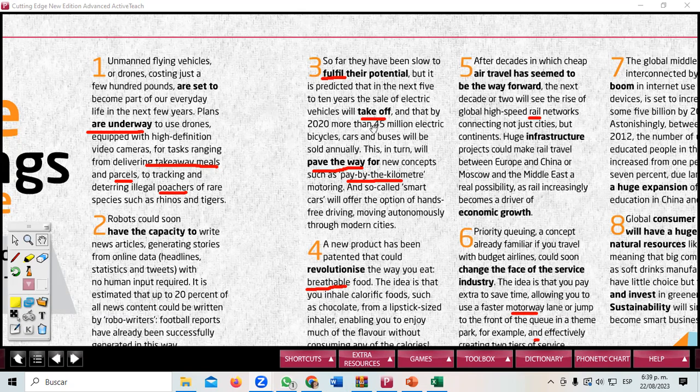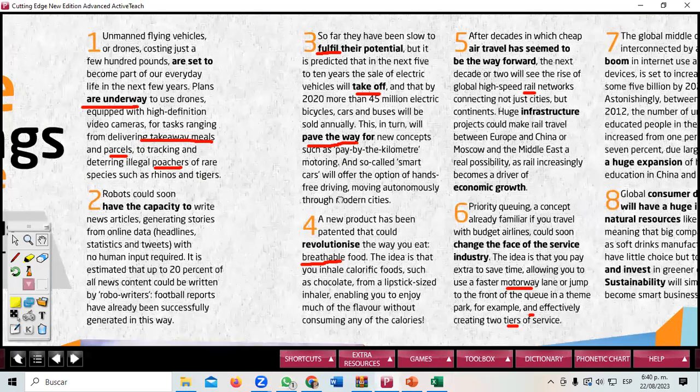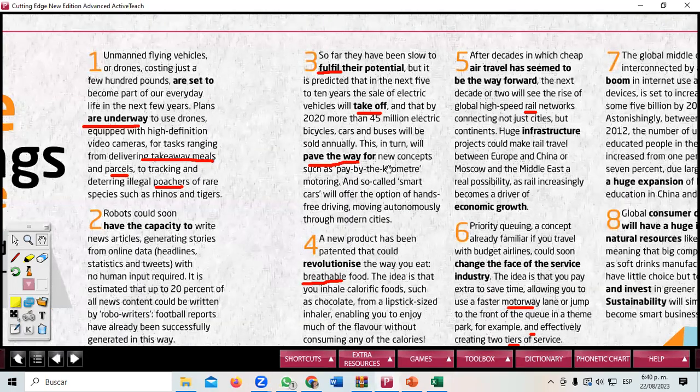Buses. This in turn will pave the way for new concepts such as pay-by-the-kilometer motoring and so-called smart cars, which will offer the option of hands-free driving, moving autonomously through modern cities. Electric cars, and also talks about smart cars. All right, thank you, Elkin.